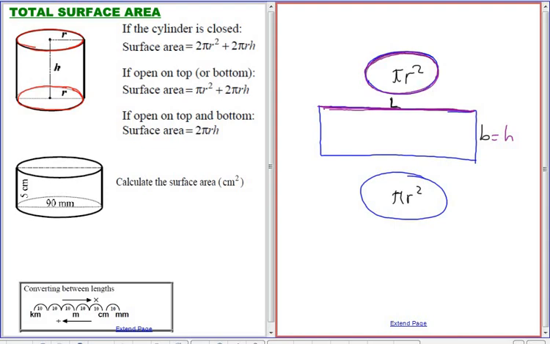From what we know, the circumference of a circle can easily be calculated by saying 2 pi r. So if you really want to calculate the total surface area of a cylinder, you have to take the two circles into consideration, which means you say 2 pi r squared. And then you take the rectangle into consideration.